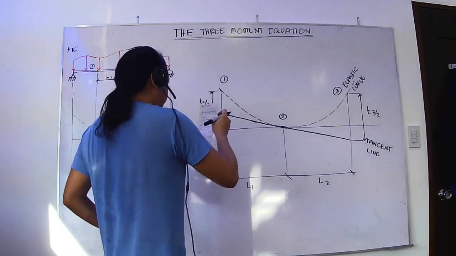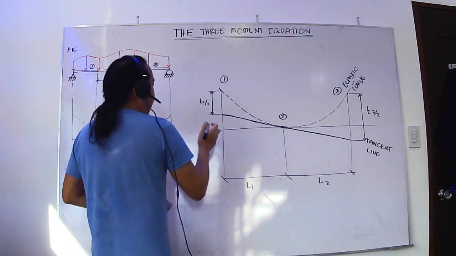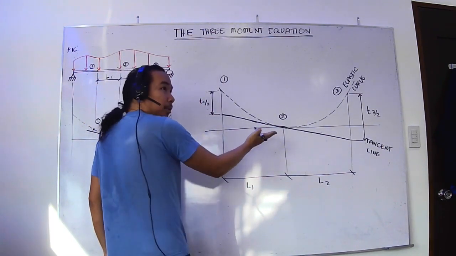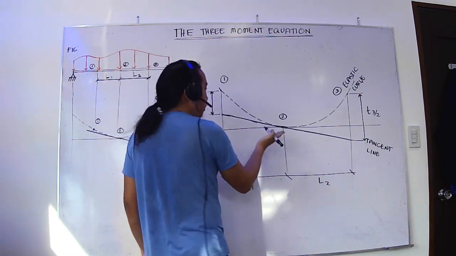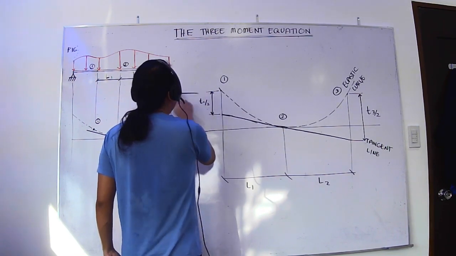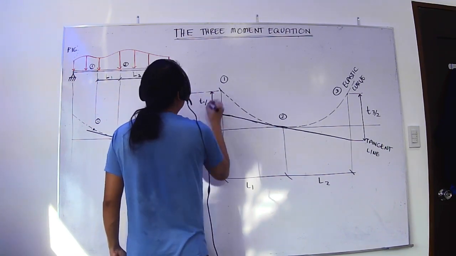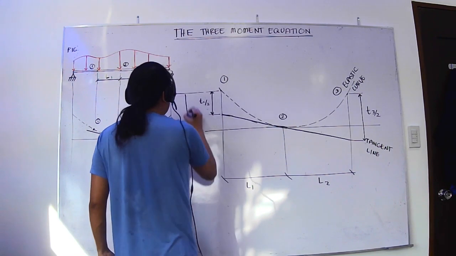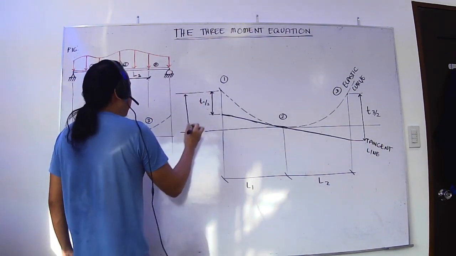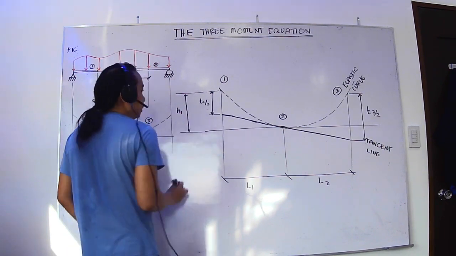Now, we take point 2 as our reference point for our deflections. Our deflection is the vertical difference from one point to another. I'll call this H1.